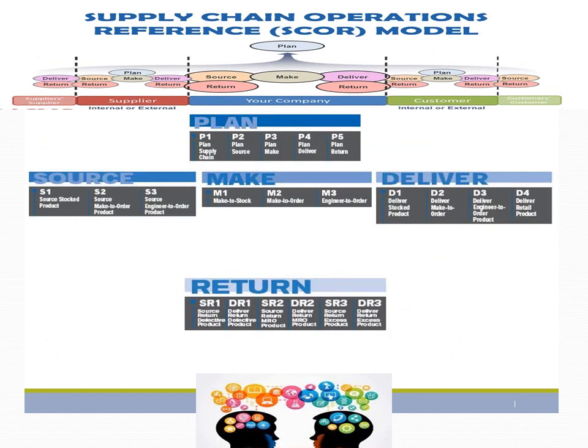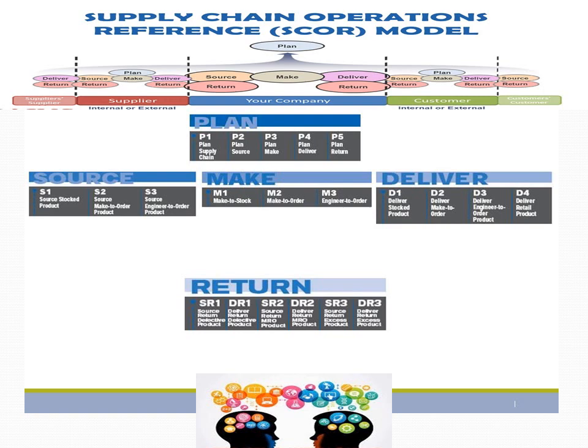As you can see from this picture, this is how the processes are done in supply chain management, approved by the Supply Chain Council, starting with planning. We plan all the processes like source, make, deliver and return, and then we develop the sourcing strategies, production strategies, delivery or distribution strategy, and then the return.